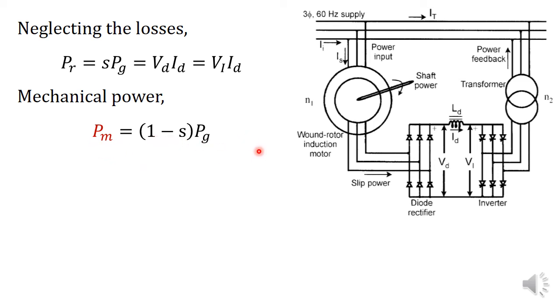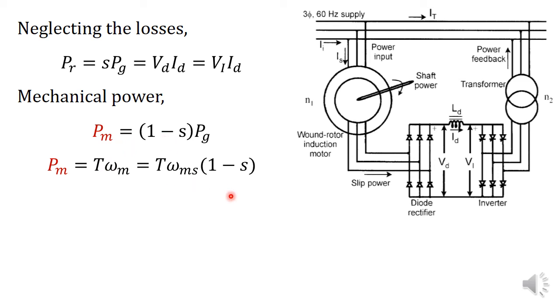We have another expression for PM, that is PM is equal to T into omega M. That's also familiar. So omega M is equal to omega ms into 1 minus S in terms of synchronous speed and slip. So let's equate these two equations.